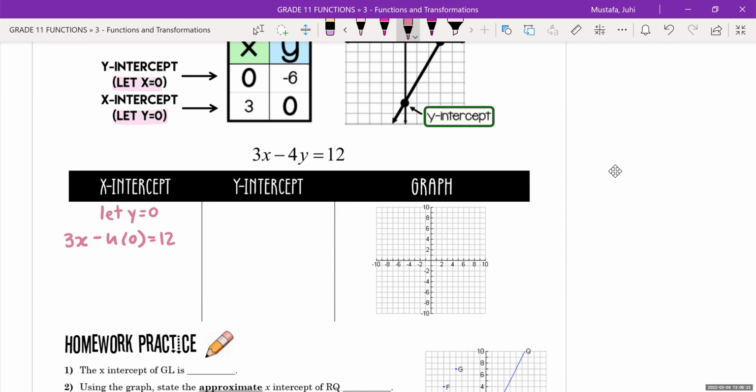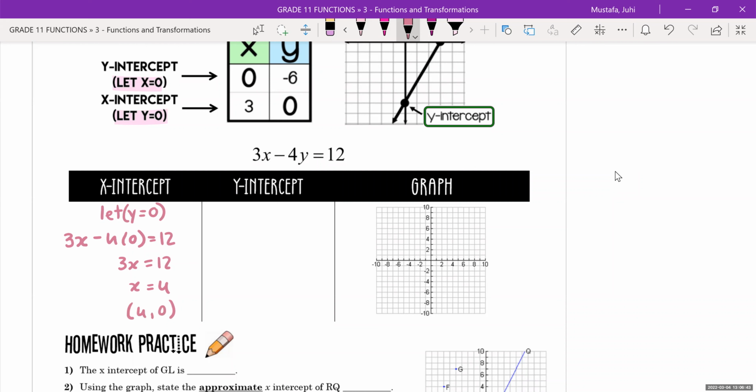Then the 0 just disappears. 3x = 12, and x is going to be equal to 4. And so that coordinate is going to be (4, 0).